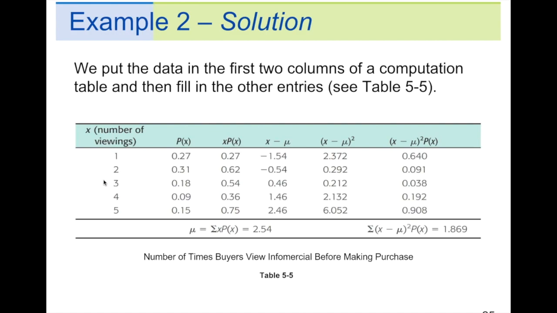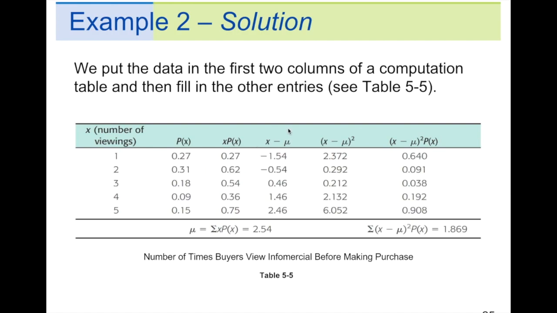So first we have our x's, 1 through 5. Then we have the probabilities that they gave us, probabilities of each to happen. Then we find x times the p of x. So it's just x times p of x in each one. 1 times 0.27, 2 times 0.31, and so on.